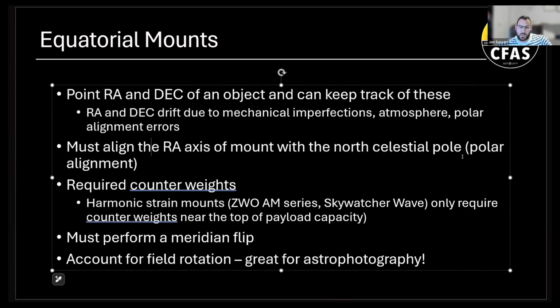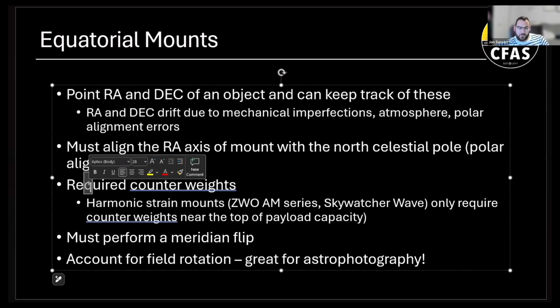Unlike the alt-az mount, where all you do is star align: you find 1 to 3 stars and make sure that they're in the center of view of either your camera, your lens, or your eyepiece, and that's how you align that mount. Here, we're making sure that the RA axis is aligned as perfectly as you can with the north celestial pole to reduce any drift.